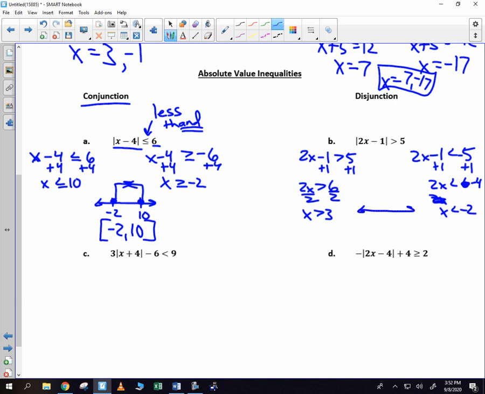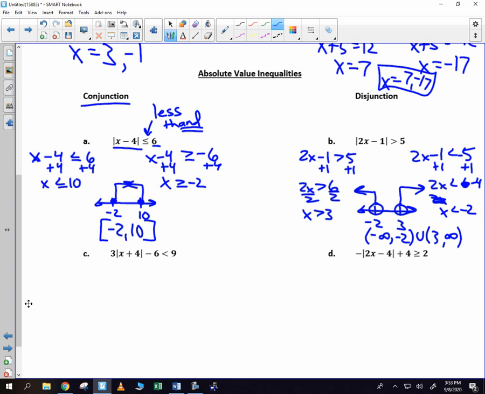So if you plot those, plot the negative 2, plot the 3, got an open circle on negative 2, got an open circle on 3. Less than negative 2, greater than 3. So you can see they go apart there. It's a disjunction. We would say the solution is negative infinity to negative 2, union with 3 to infinity.